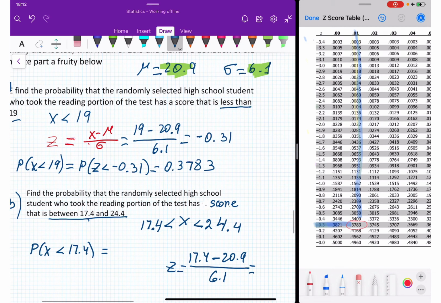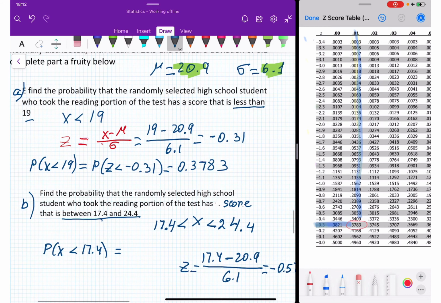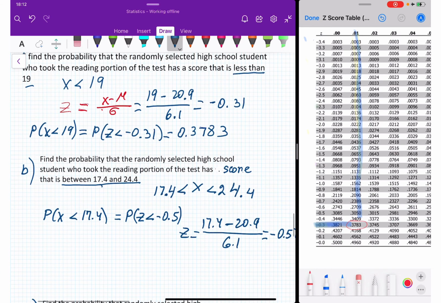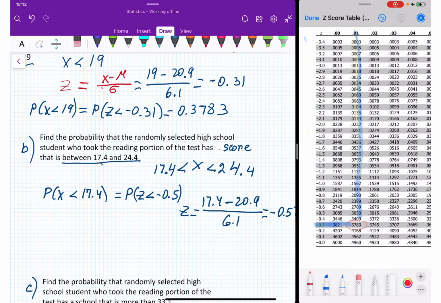So 17.4 minus 20.9, negative 3.5, and divided by 6.1, we are getting negative 0.57. Okay, so probability for x less than 17.4 is equal to probability for z-score that is less than negative 0.57.